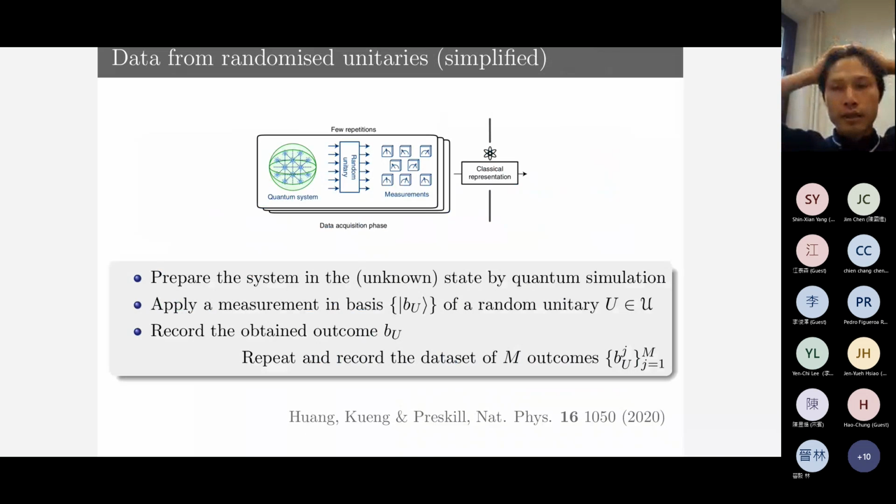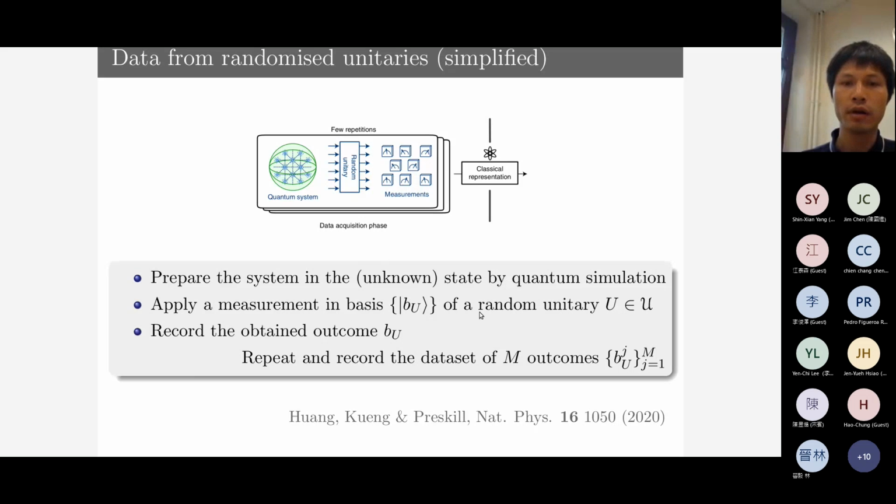How is the data collected? Here we say we prepare the system and do a random unitary evolution on it. But equivalently, we can think that we prepare the system the same way in the first step, and make a measurement in the basis of a unitary operator U. This is equivalent because rotating the state is the same as rotating the measurement in the reverse direction, so to say.